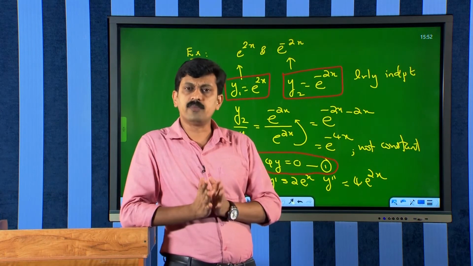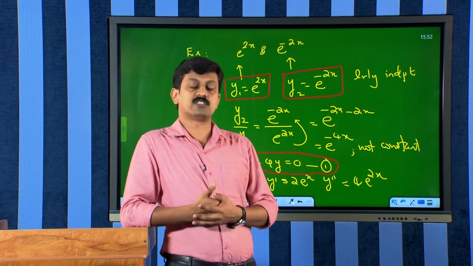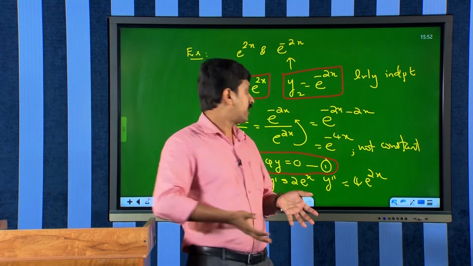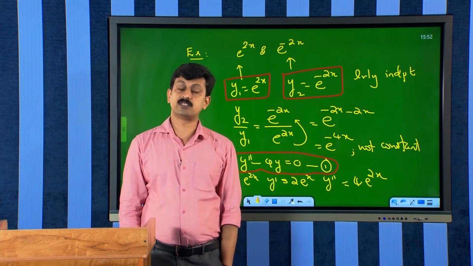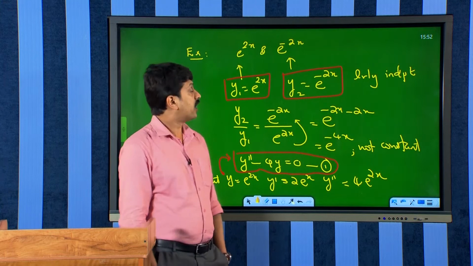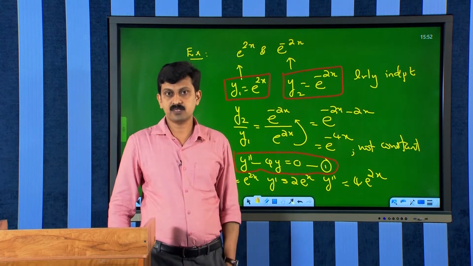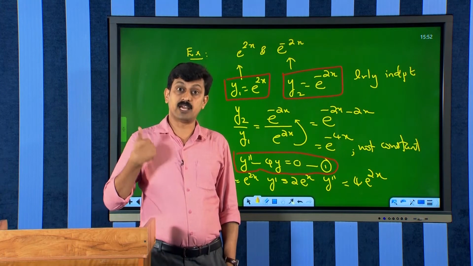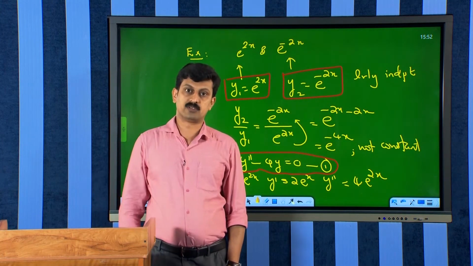You can find many functions that are linearly independent, and also functions that are linearly dependent. In the discussion of the differential equation, we found that these two functions are linearly independent solutions of the differential equation.